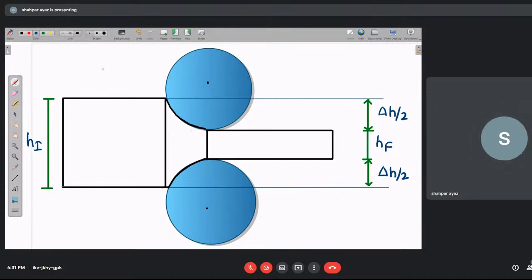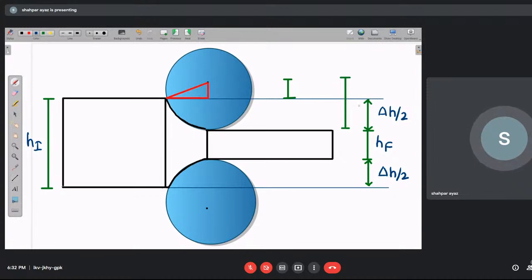Clear, guys? Now suppose here I am making a right angle triangle. So if you are going to calculate this part, what is this distance? Because the total distance we have is your radius, right?